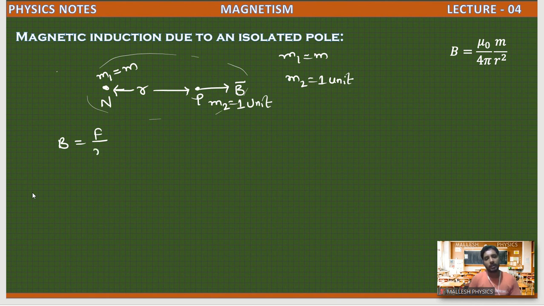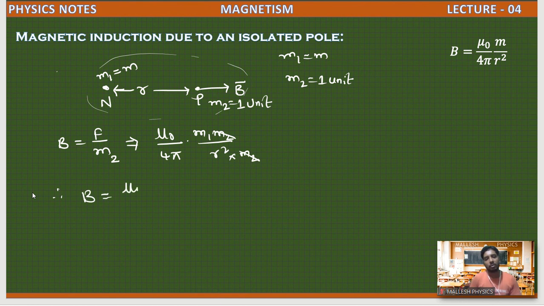Then B is F by m2, the force acting on this unit north pole. Now F, you know the formula, the magnetic Coulomb force, mu naught by 4 pi into m1 m2 by r square, where the distance between these two is r. With m2 in the denominator, m2 gets cancelled. Therefore magnetic induction at that point B is equal to mu naught by 4 pi m by r square.